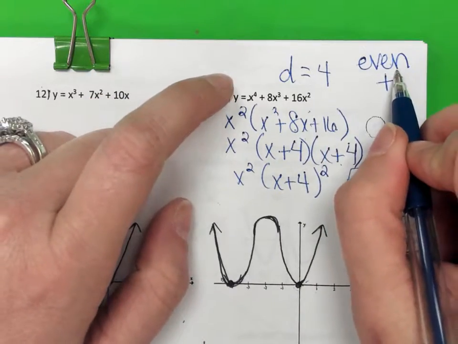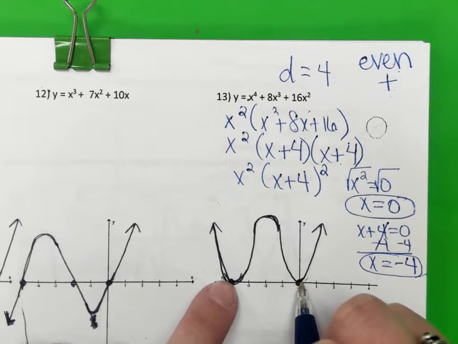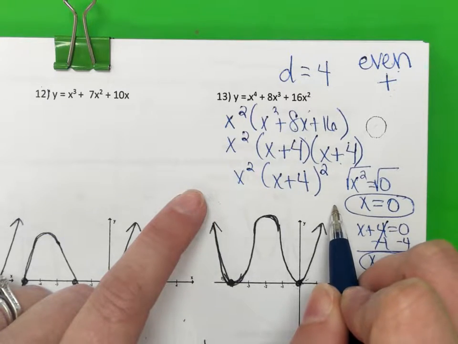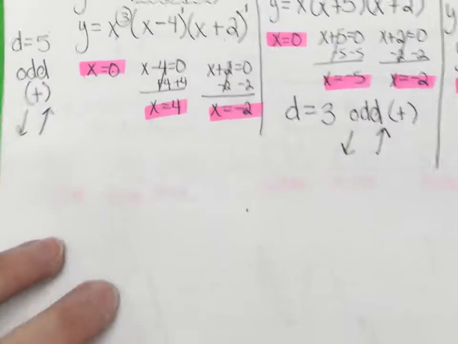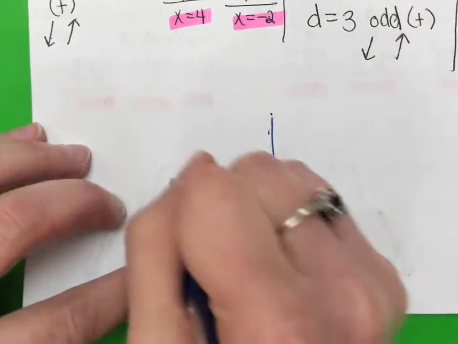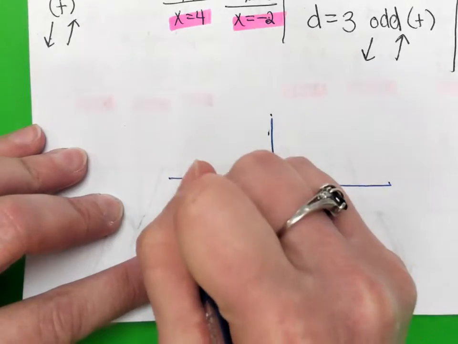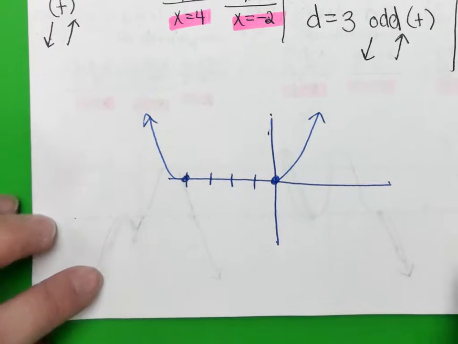They go the same direction. Positive means that they're both going to go up, right? So from both of these points, draw both of your ends going up, okay? Let me redo it down here. Y'all got that so far?